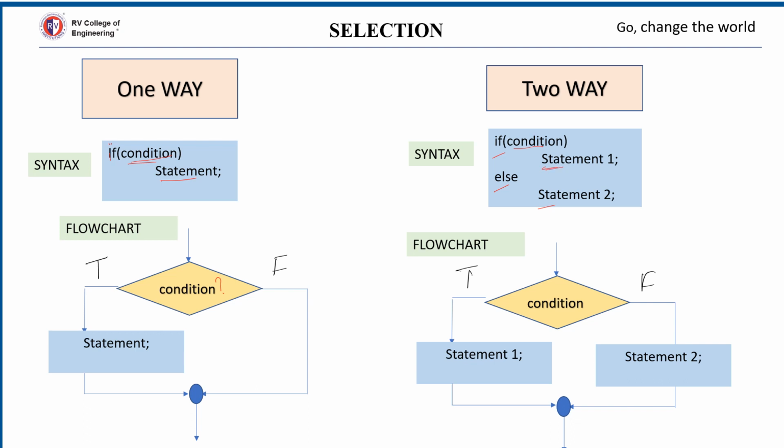If it is false, execute statement 2. You have to remember here, the condition is only for if, you don't have a condition for else. You test the condition once and decide which statement to be executed. So the flowchart goes like this. You check the condition. If it is true, statement 1 is executed. If it is false, statement 2 is executed.